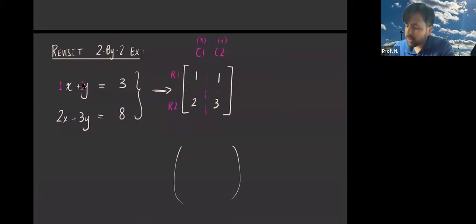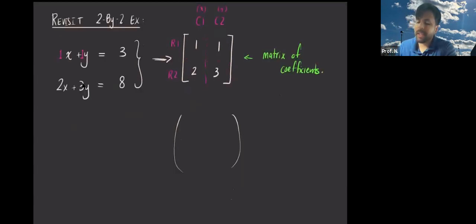We call this a matrix of coefficients. And maybe you may ask, wait, what happened with the 3 and the 8? We just let it go? No, we're actually going to include it as well. This is called an augmented matrix.